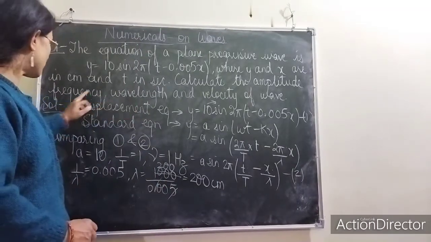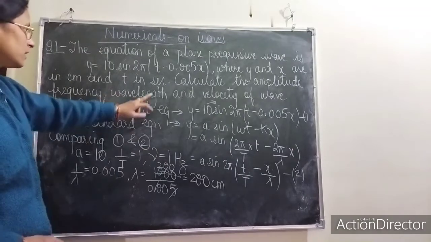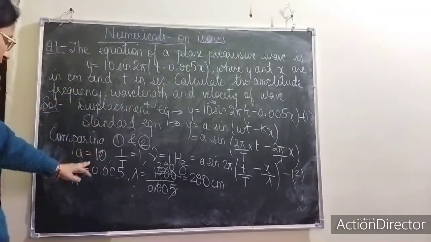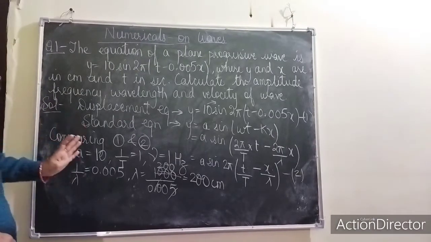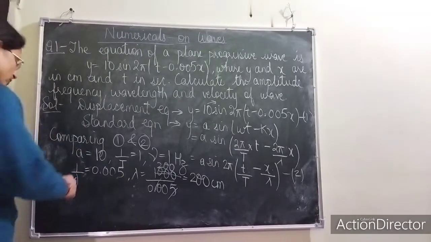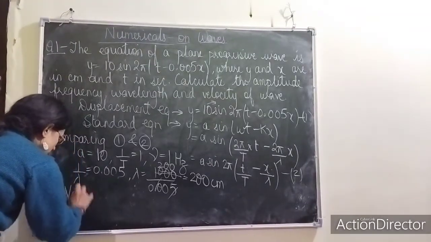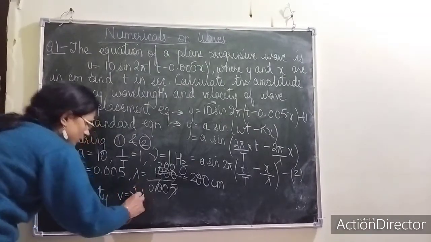So the wavelength we have calculated, the frequency we have calculated, and the amplitude is equal to 10, that we have seen. Now the fourth thing which we have to find out is the velocity. For the velocity we have the relation v is equal to nu lambda.